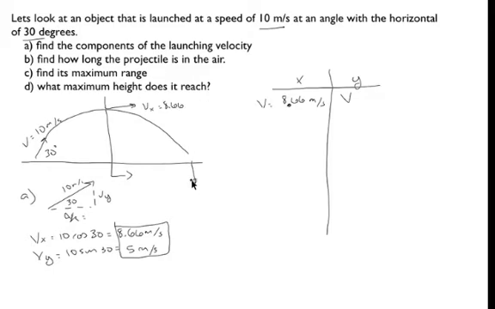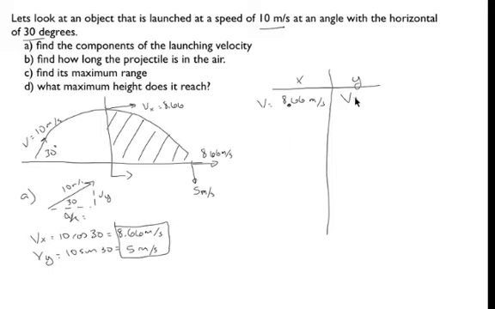When it lands, it will land with the same speed that it left the ground with, so the y component is 5 meters per second, and the horizontal component doesn't change, 8.66. If we look at this right half of the parabola, we can solve it just like a horizontal projectile. The only difference is that to find the total distance the object travels, we'd have to double that time because this is half of the parabola.